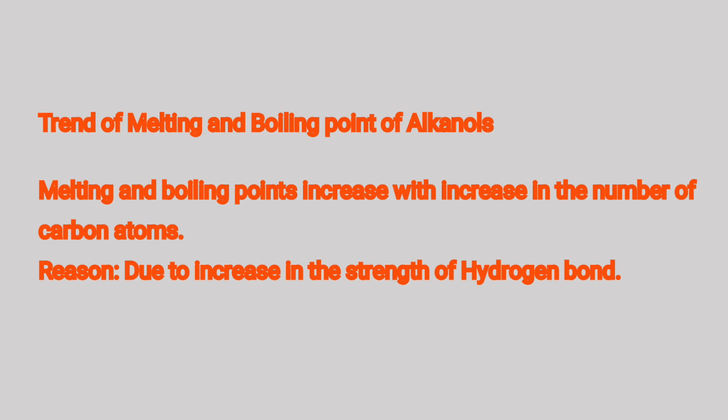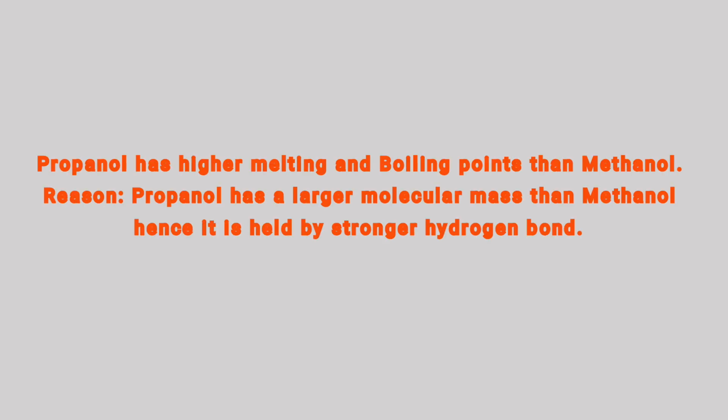Melting and boiling point increases with increase in the number of carbon atoms. This is due to increase in the strength of hydrogen bonds. That is to say, propanol has higher melting and boiling point than methanol, because the molecular mass of propanol is larger than that of methanol, hence is held by stronger hydrogen bonds.